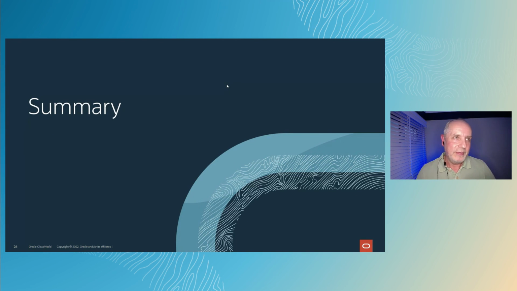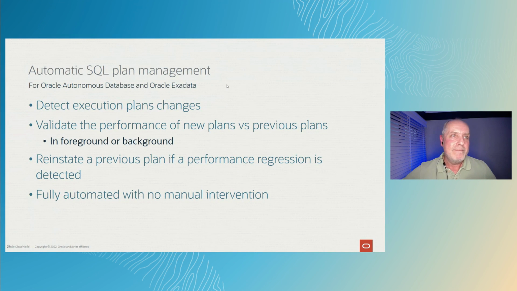So, summary: automatic SQL plan management detects execution plan changes. That's its key thing. And then once it's done that, it can establish whether that plan is an improvement or regression in performance from what came before. It can do that in either the foreground or the background. You can choose.